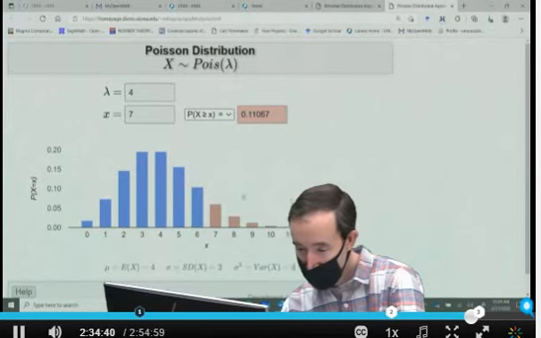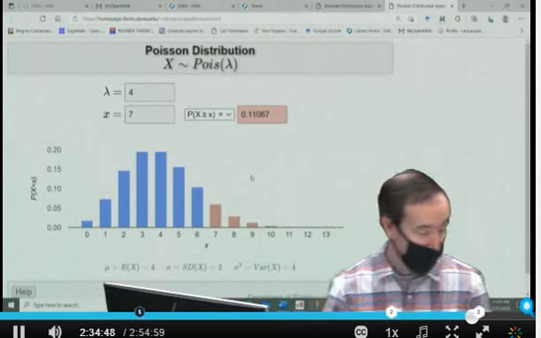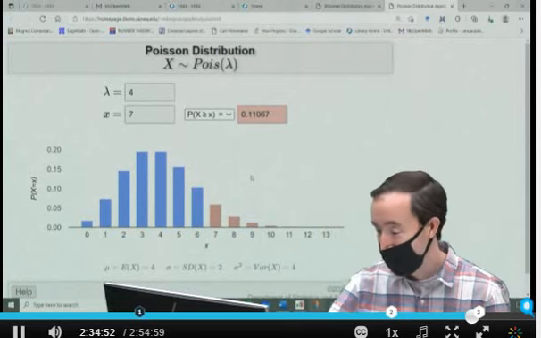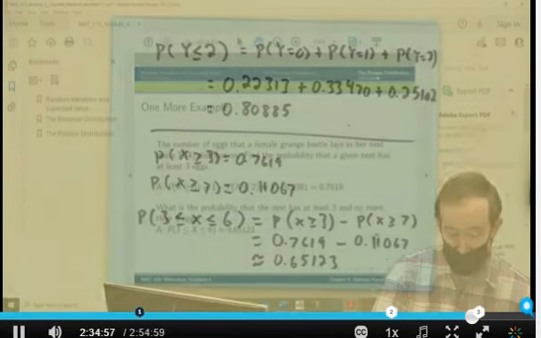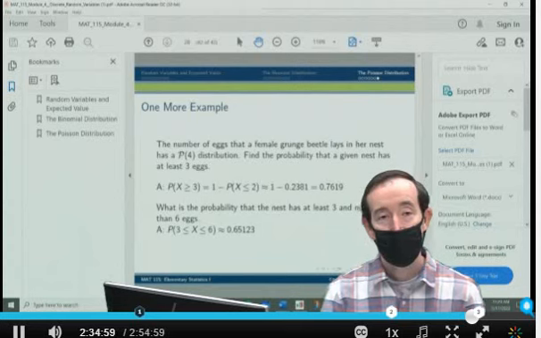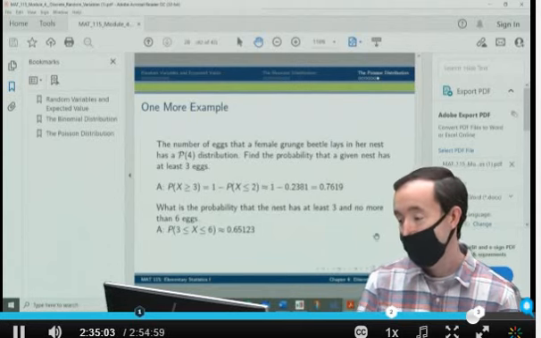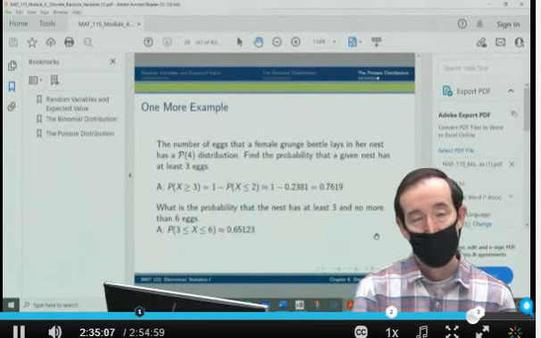Did I do something wrong? 10, and 15 is 25. 40 is 65%. Boy, I just can't even add today. 65% is my estimate from adding those 4 bars together. That is correct. And on the slides, 65.123%. Excellent.